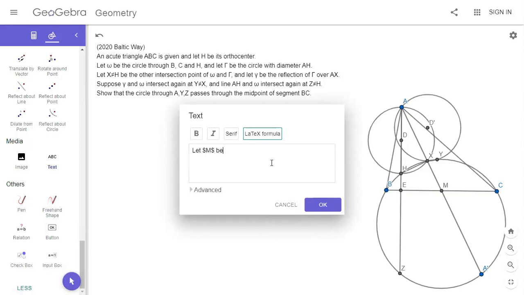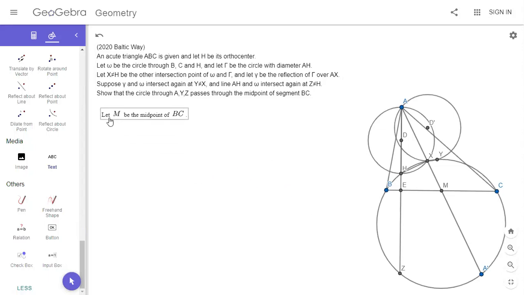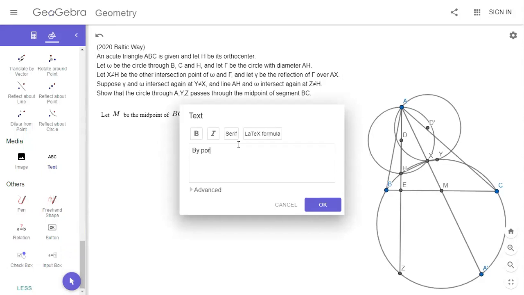So let M be the midpoint of BC. Then by properties of Humpty points, AX and M are collinear. We'll just say that. I'll just say by the HM theorem. I think it's video 5 on my channel. I'll just say see previous video.